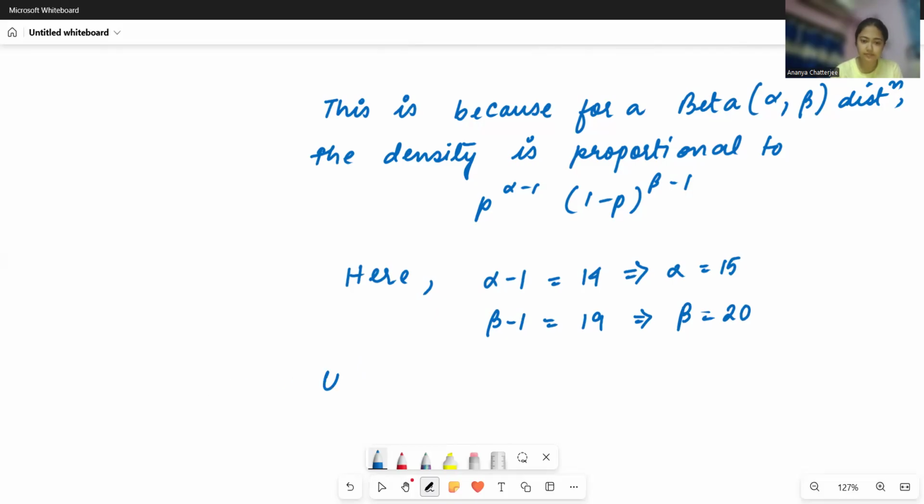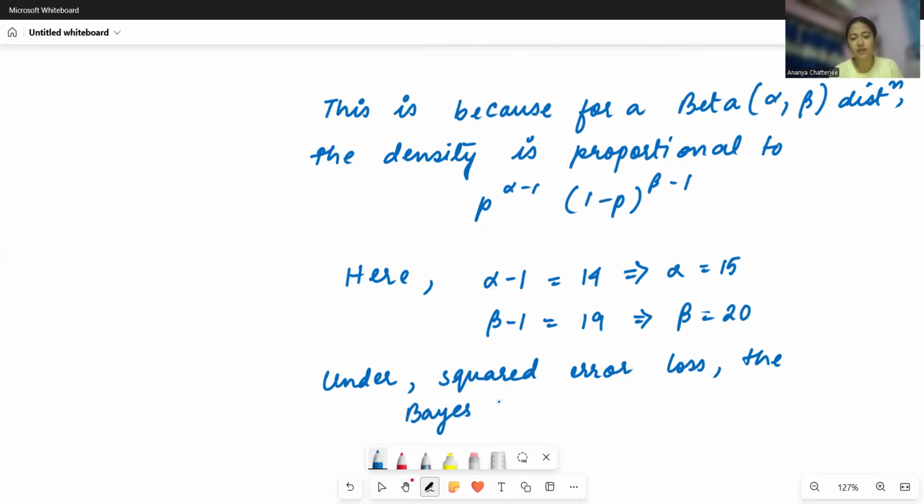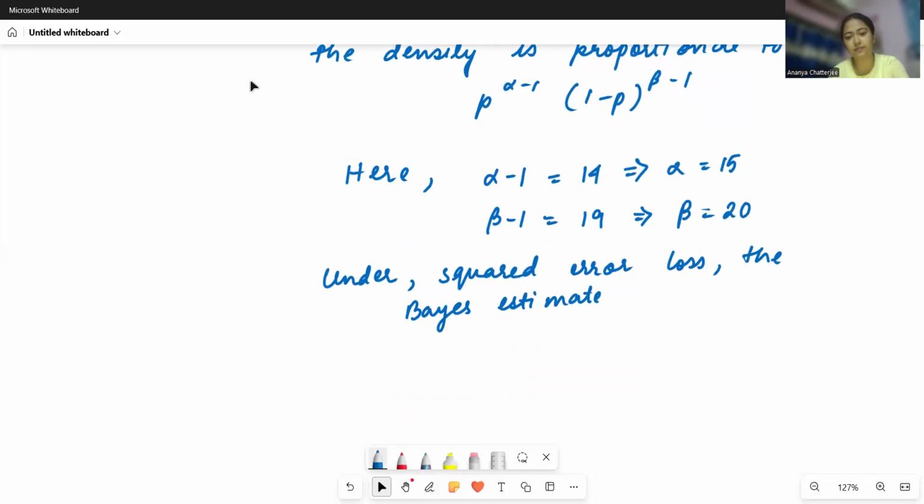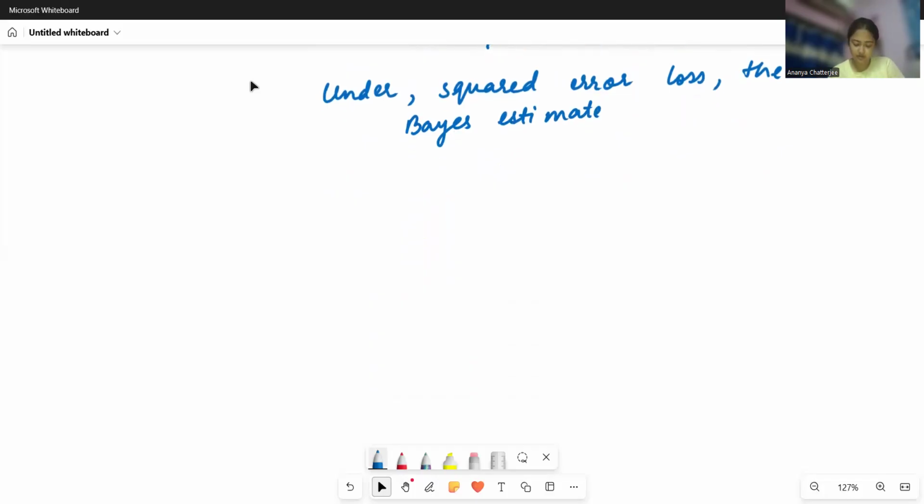Now, under squared error loss, the Bayes estimate, what does it become?